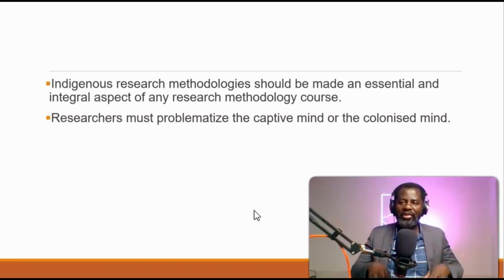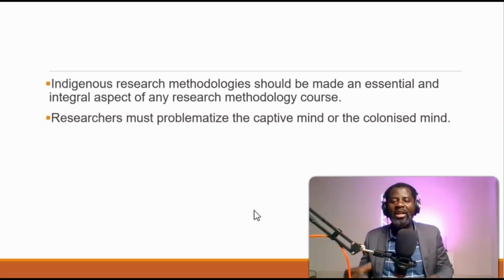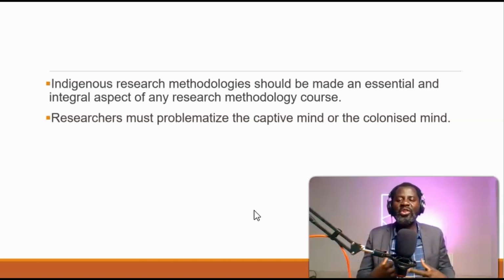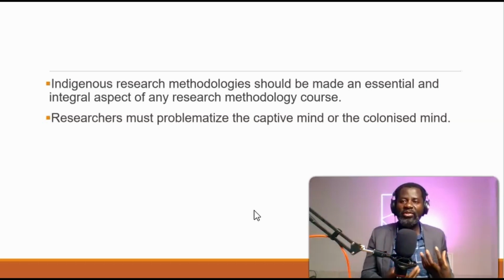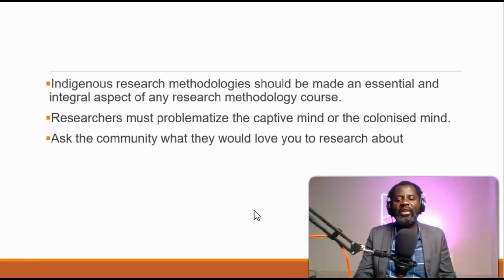We could be Africans in Africa conducting research, but as long as we keep using inappropriate Western research methodologies, we are just helping the West to document us in a wrong way, and therefore that research will have no impact on the African mind, which is in captivity, but also on the development of the continent.